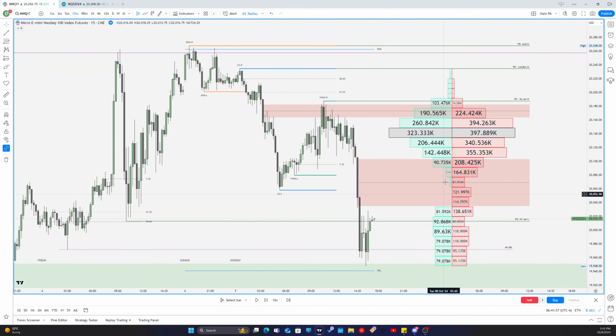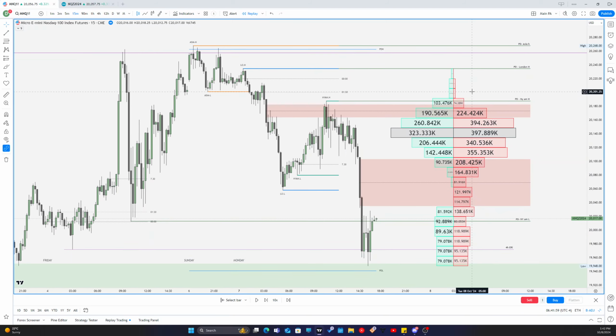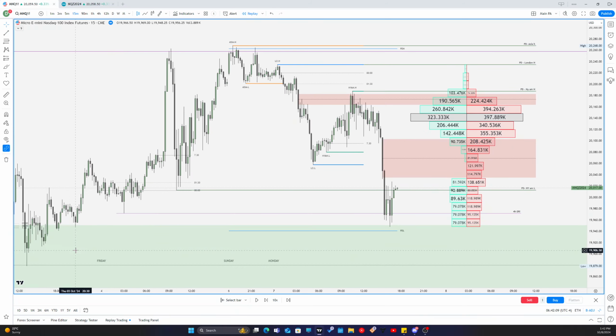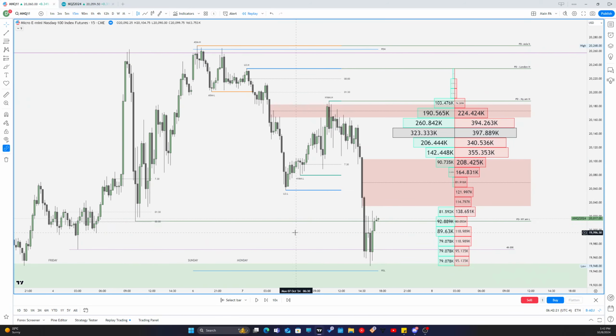And you see, the volume profile adapts automatically to this new range. So we have this for our external range liquidity. And this was Friday's London low. If you look here at 3 a.m. that wasn't taken until now.